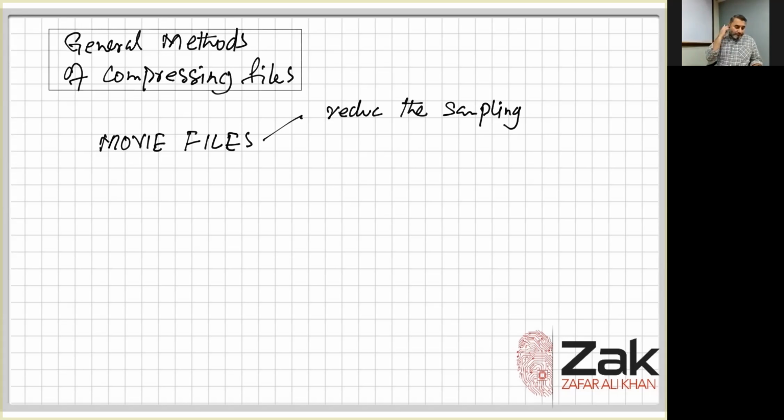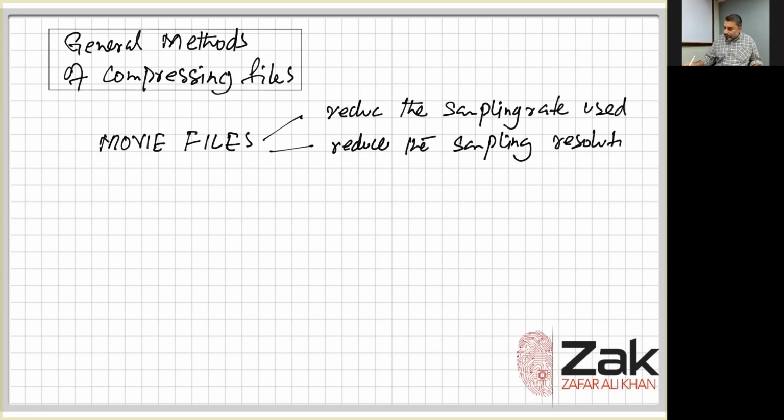Sampling rate used could be reduced, the sampling resolution could be reduced, or the frame rate could be reduced.